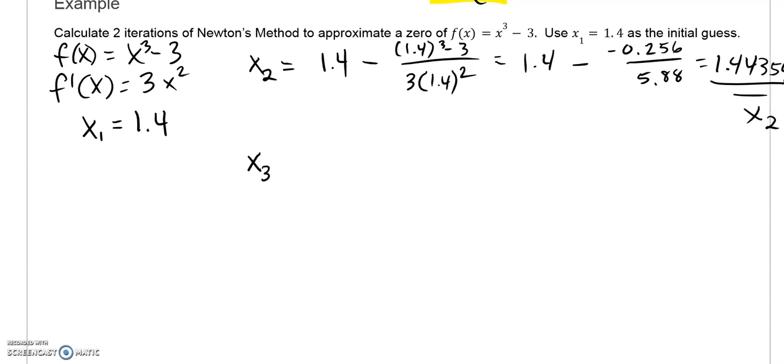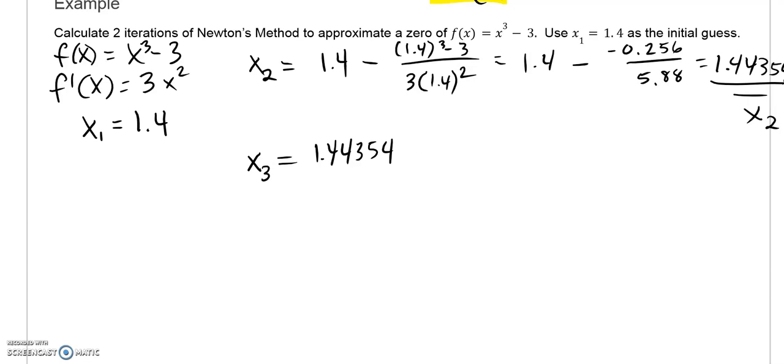So now we want our second guess, or actually our third guess, right? We want our third guess using x sub 2. So instead of 1.4, I'm going to use 1.44354. Always go out at least 4 decimal places to the right. I went out 5, but at least a minimum of 4 decimal places to the right of your decimal.